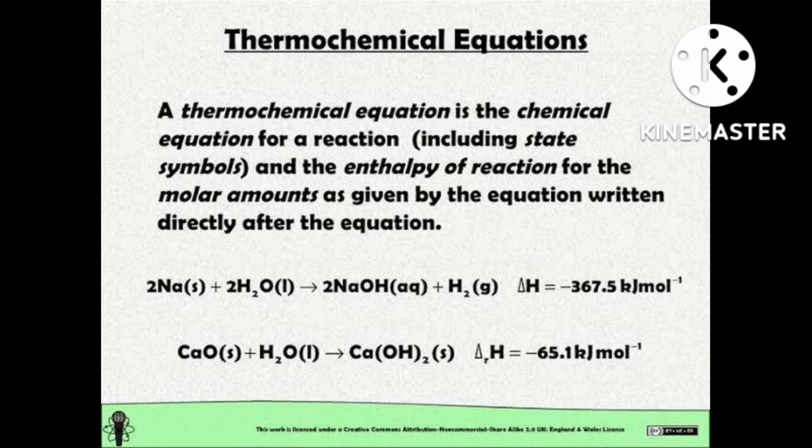Always keep this relation: delta U for vaporization is equal to delta H minus delta nRT.